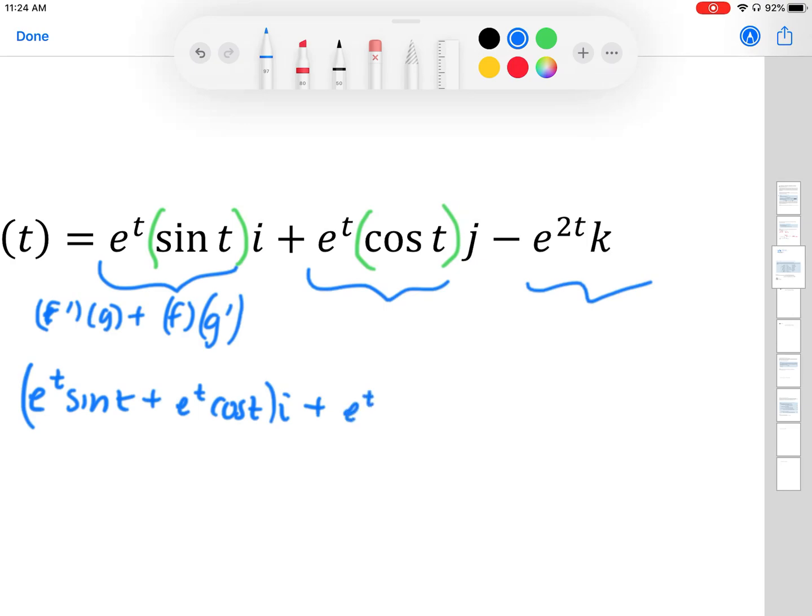So I have e to the t cosine t, the derivative of e to the t is e to the t, plus, well, the derivative of cosine is negative sine, so I should put that negative, e to the t sine t. It's supposed to be a plus, but I wrote that minus since the derivative of cosine is negative sine. And lastly, the derivative of e to the 2t is e to the 2t times the derivative of our exponent, which is 2. So there we get that.